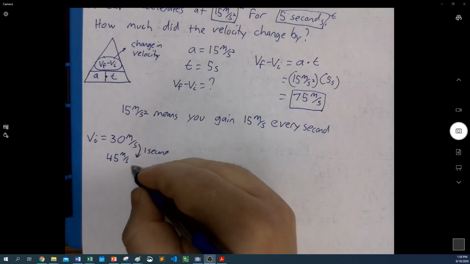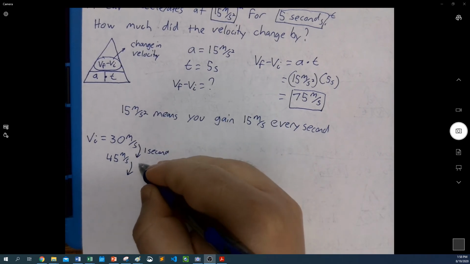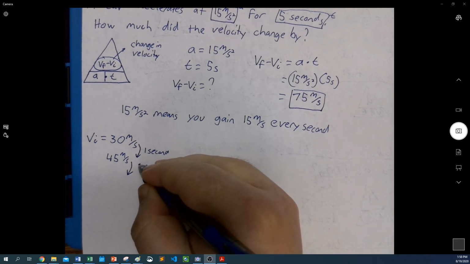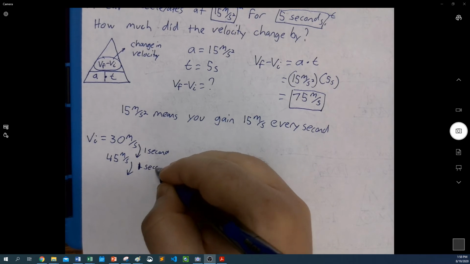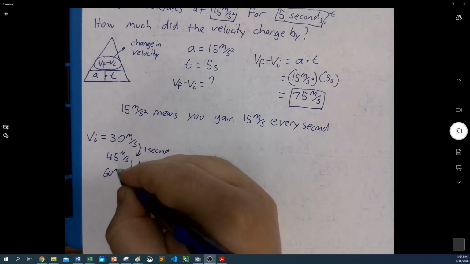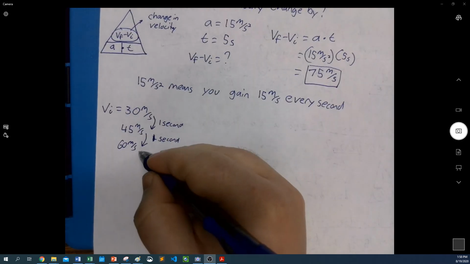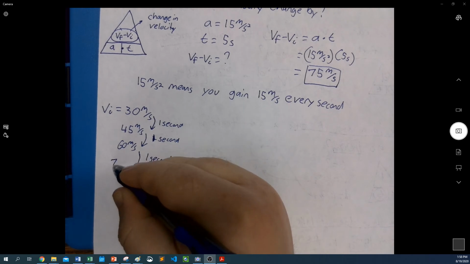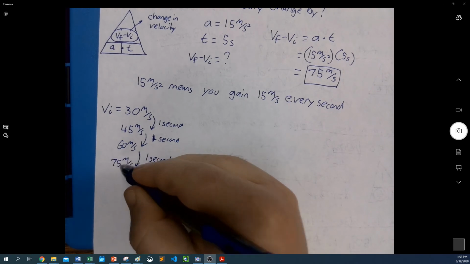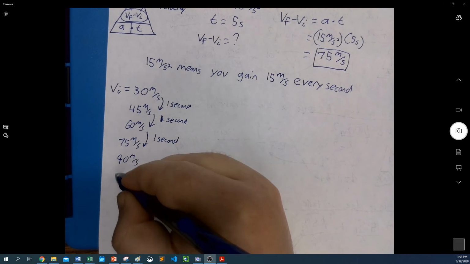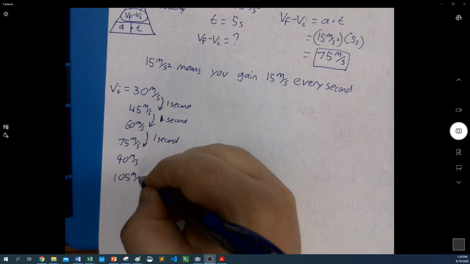After another second, you will gain another 15. After another second, you will gain another 15. And then after that, you'll gain another, and then another 15 meters per second.